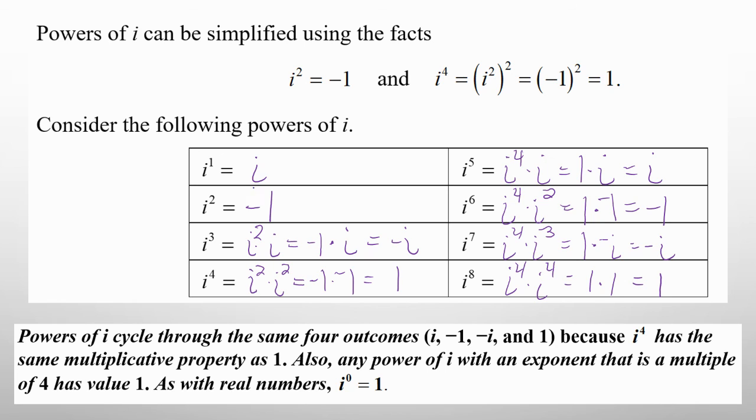And so you can see we have i, negative 1, negative i, 1, and 1.